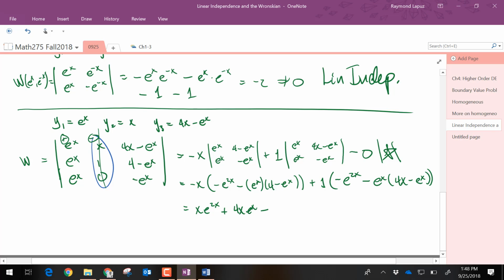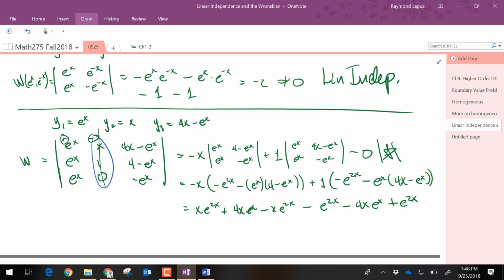So that's a negative. e to the x, e to the x, and x e to the 2x. And then I have minus e to the 2x, and then distribute that, minus 4x e to the x plus e to the 2x.